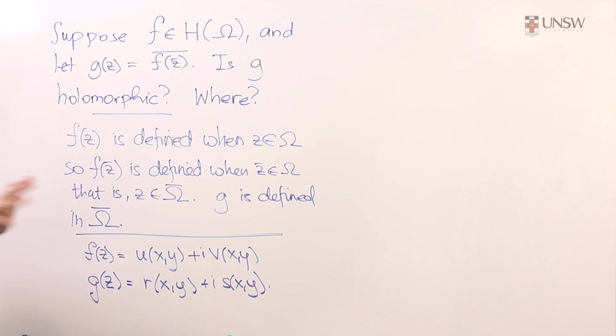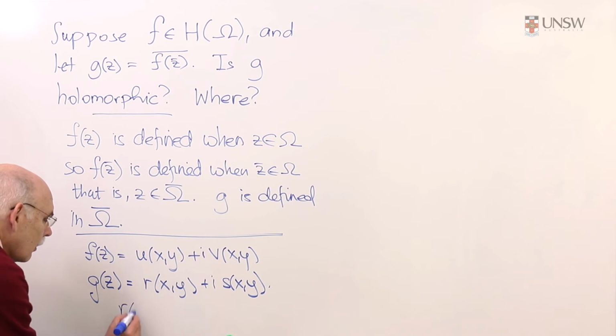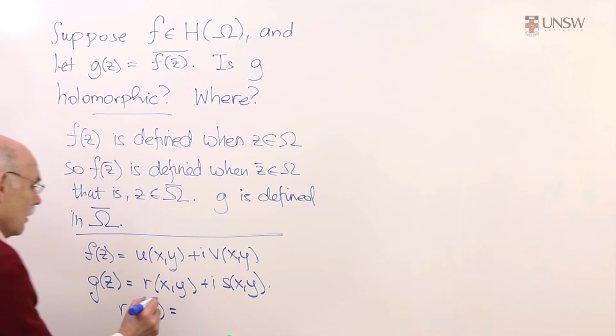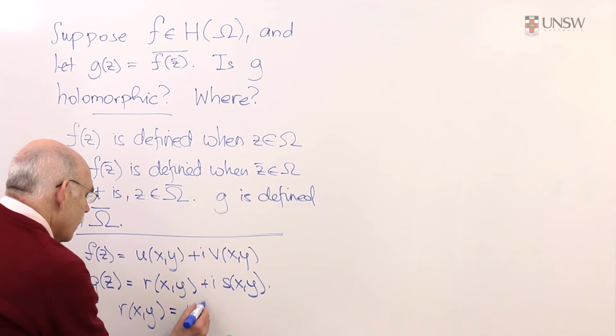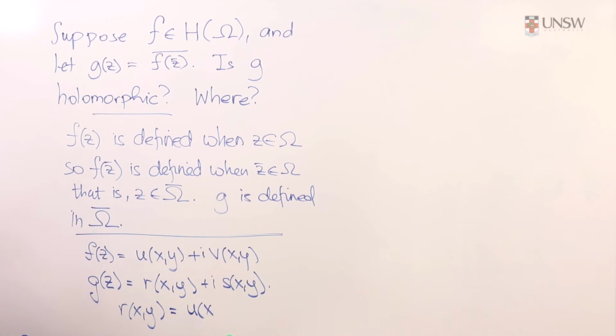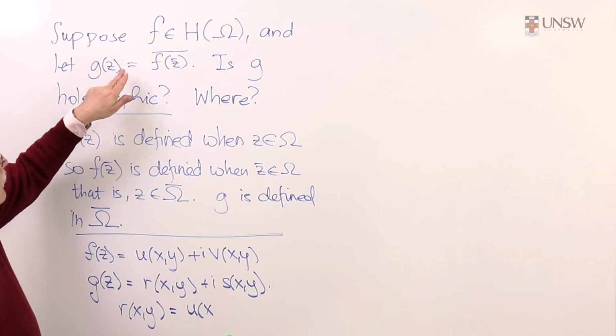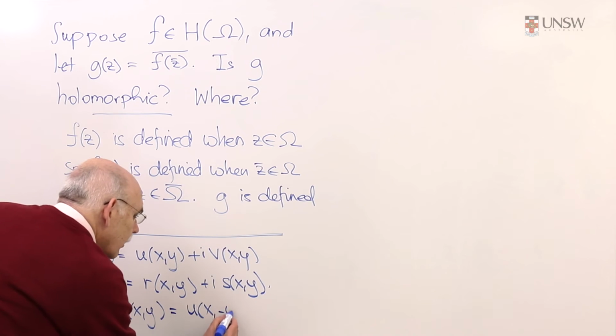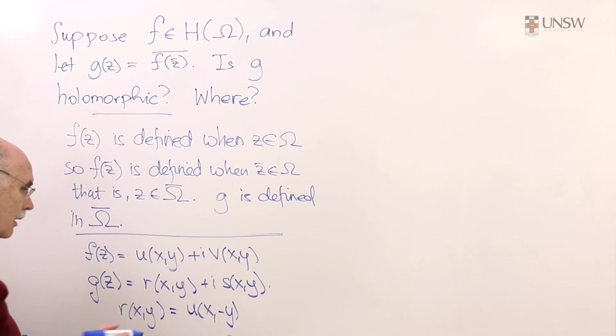Real part of f is the same as real part of f conjugate, so that says that r of x y is equal to u of x, but is it x y? Well, here there's a z, here there's a z bar, and that says that this is minus y.